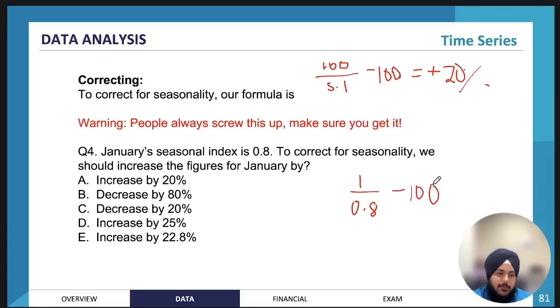Let me quickly do it on my CAS. Sorry, I used the wrong value.